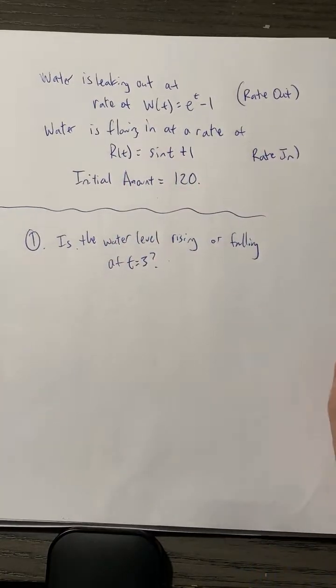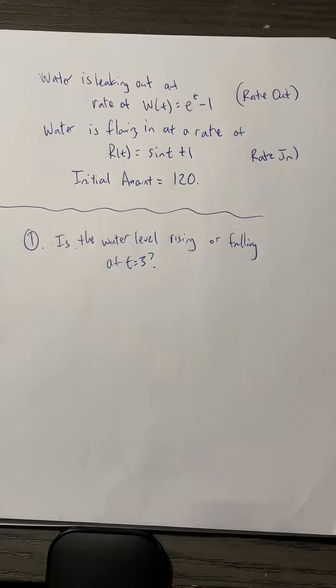So you have to know, unlike particle motion where they'll just use explicit words like total distance or speeding up, slowing down, and they use the same words every single FRQ, because it's a real world situation when we do these rate in, rate out FRQs, you just have to be slightly wary that they're not going to use the same exact words every single time. So it's nice to know how each question deals with amount, because amount is the big question when you're dealing with rate in, rate out FRQs.